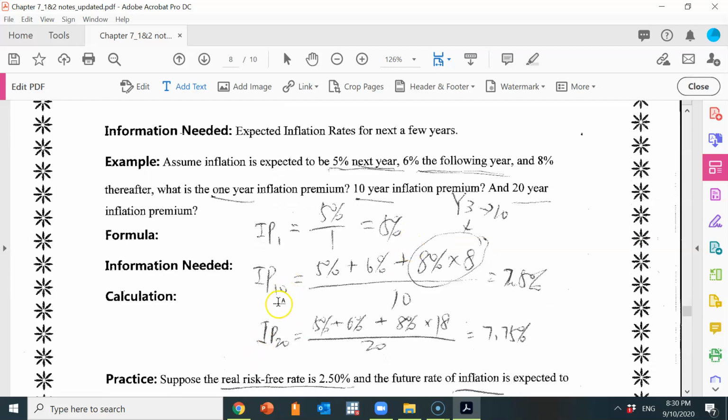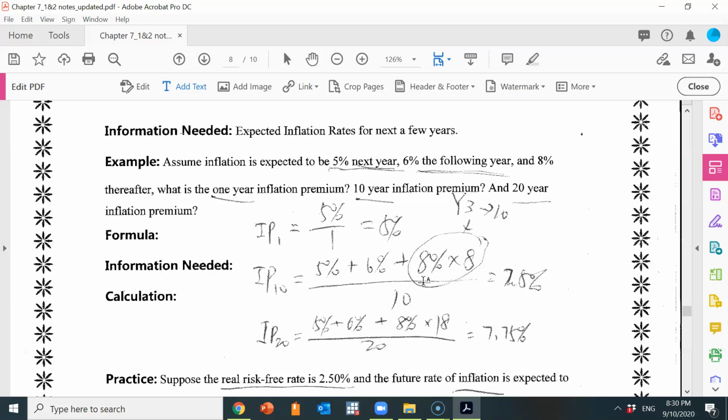If we want the inflation premium for 10 years, we need to use the inflation rate for the first year, 5%, plus the second year, 6%, plus the third year, 8%, and also add all the inflation rates from the third year to the 10th year.